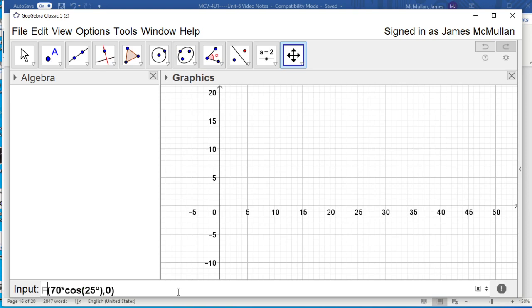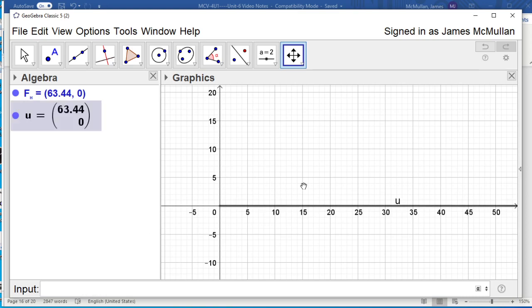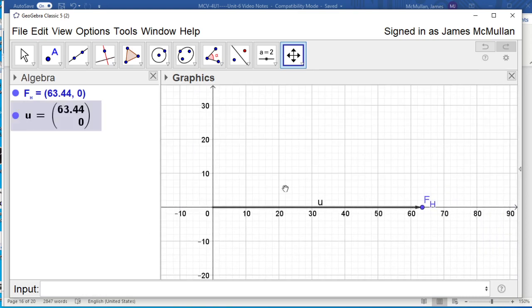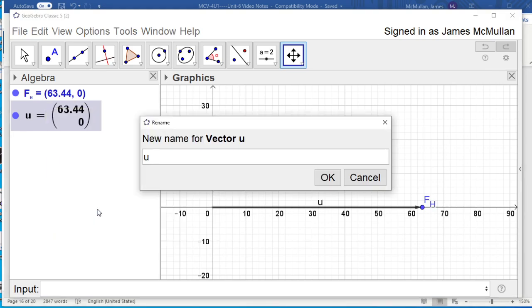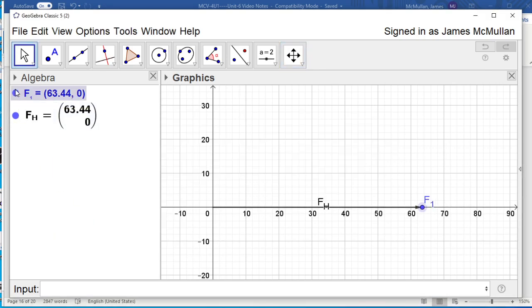So this will be FH. Okay, so there's the first vector. Let's just rename this to FH. Okay, so there's the horizontal force.